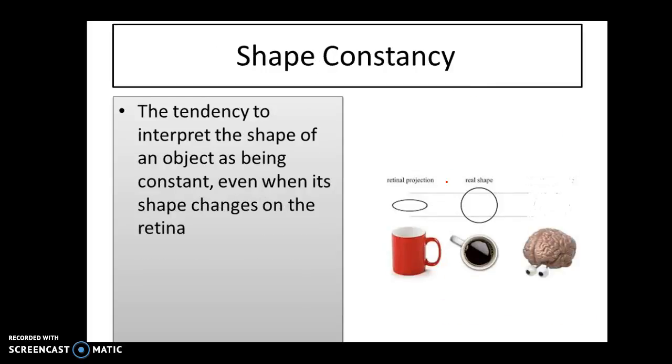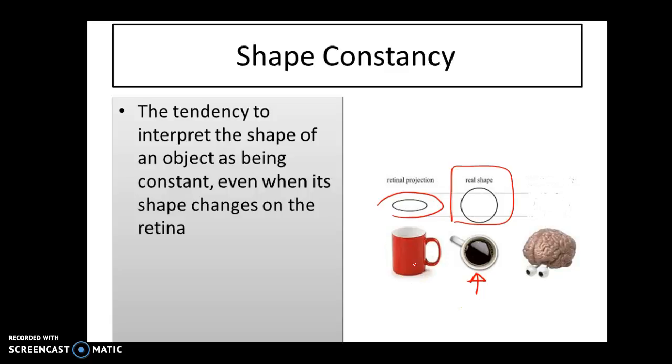Shape constancy. So the same thing. The image that is getting sent to the retina when I look at the coffee cup from this angle is this shape. The image that is getting sent to the retina when I am looking at the coffee cup from this angle is that. However, none of us would say coffee cups are elliptical. We think of them as circular. That's shape constancy. The other thing going on here is, if this one were red, let's just say they're the same cup, we wouldn't all of a sudden think this is a very different cup or mug than this one.